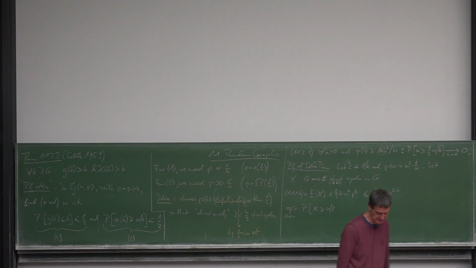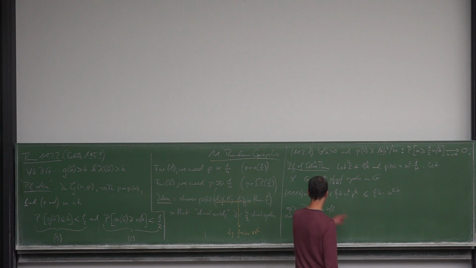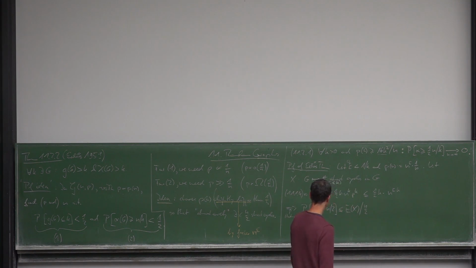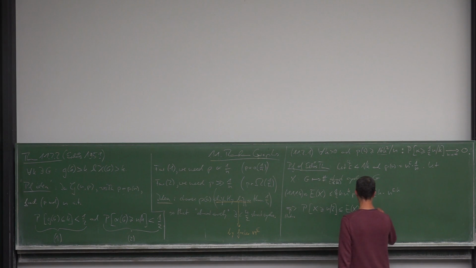Yeah, no, that's correct. So, right, we want this probability to be small, so that's at most E of x divided by half n. Okay. So what's that?